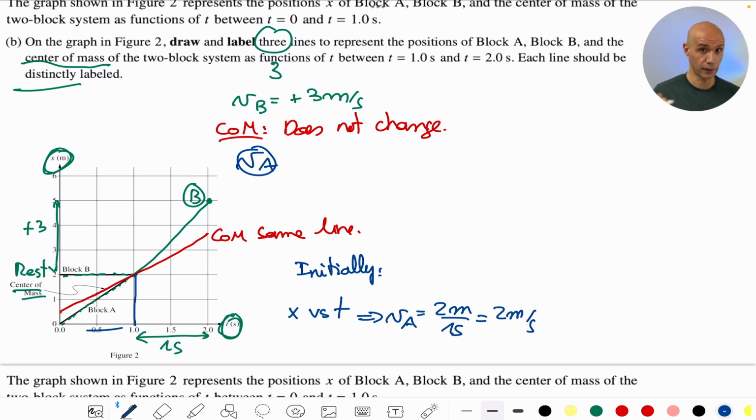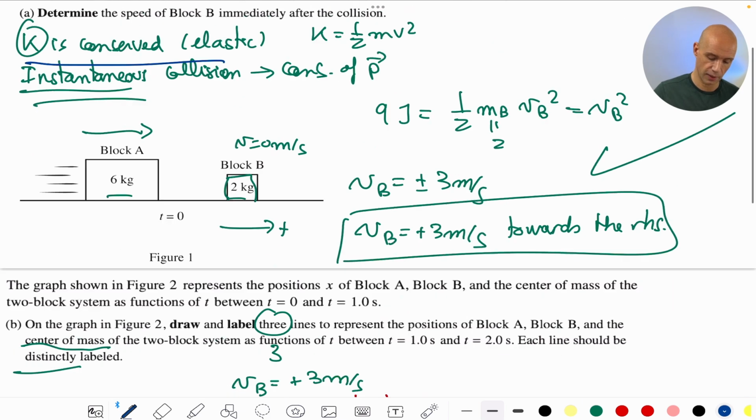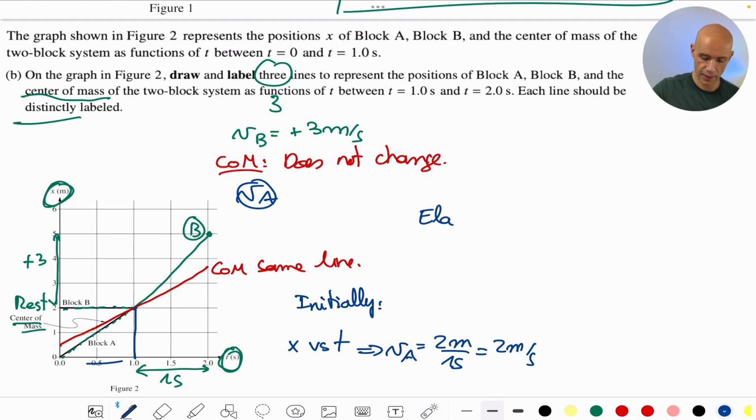How do we find the final speed? Because that's what we need to do the plot, right? So you know that it's elastic. So remember that if it's elastic, there is conservation of kinetic energy. So K initial equals K final.